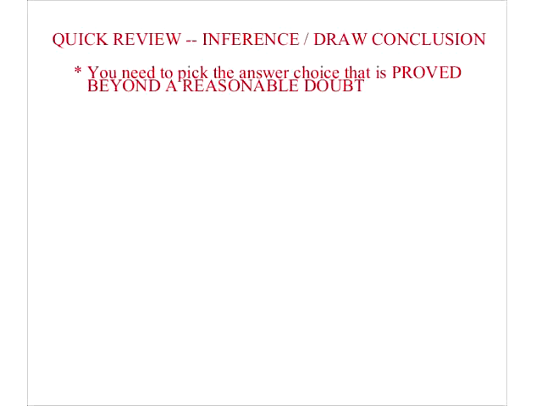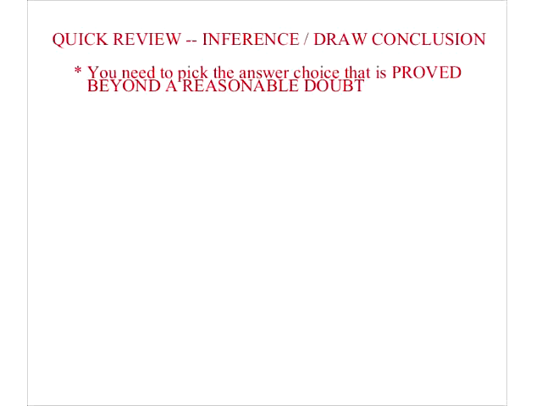On an inference problem, you need to pick the answer choice that is proved beyond a reasonable doubt. And that means you need to stay in scope of the passage.